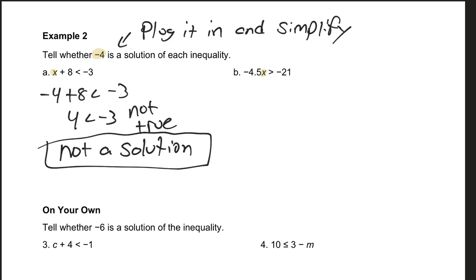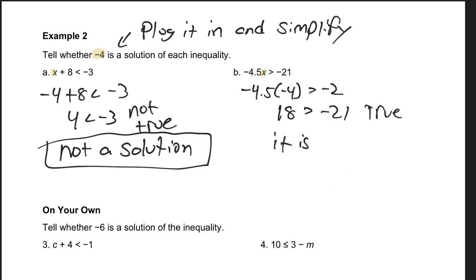In part B, I'm going to write negative 4.5 times negative 4. Is that greater than negative 21? If you simplify that, you're going to get 18 greater than negative 21. Well, first of all, a positive number is always greater than a negative, so this is a true statement, which means, yes, it is a solution.